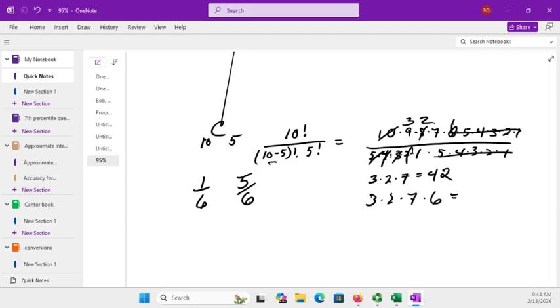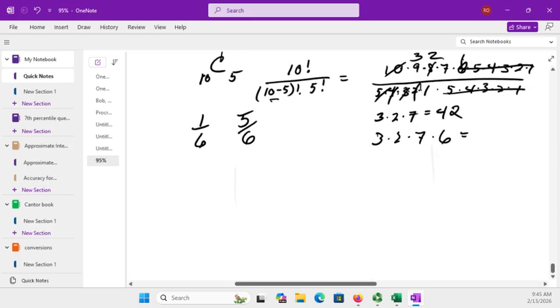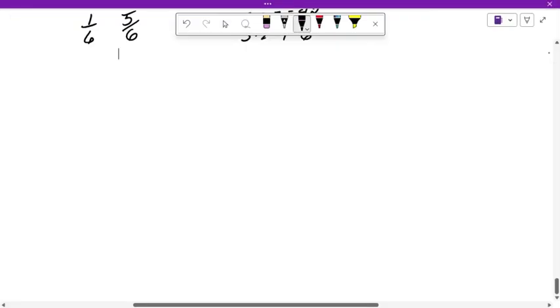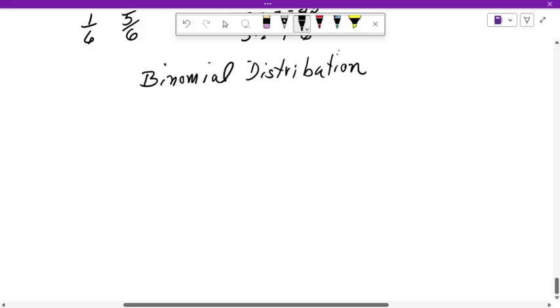Now the probabilities aren't equal, and this is what we have, and all of this goes for the binomial distribution.